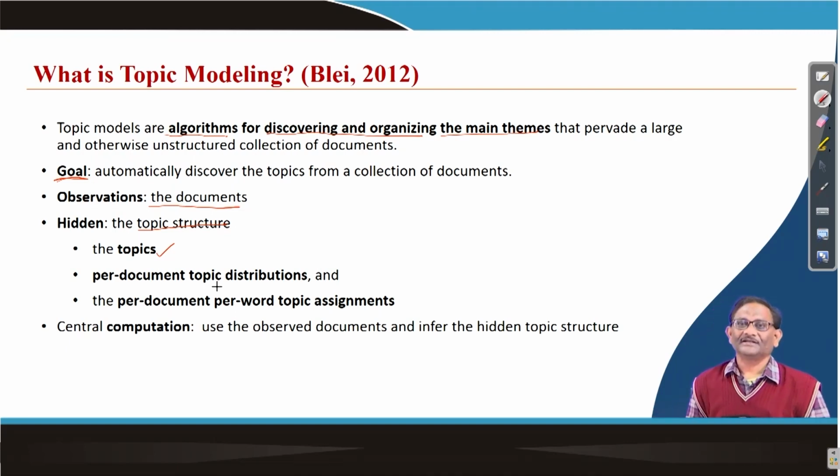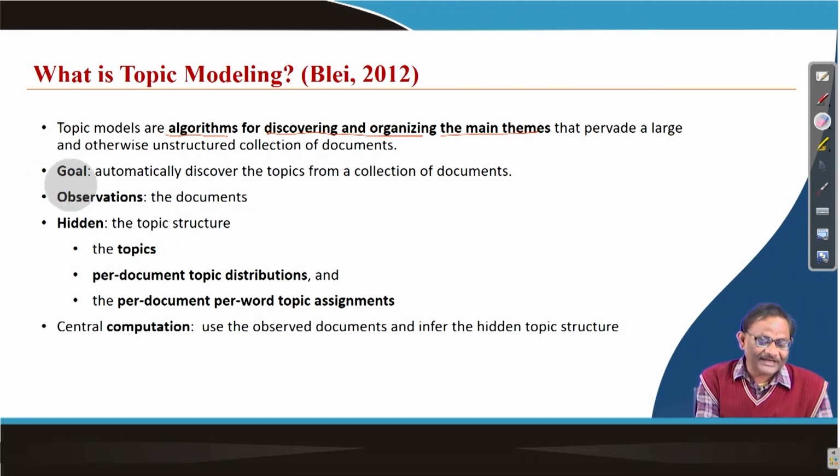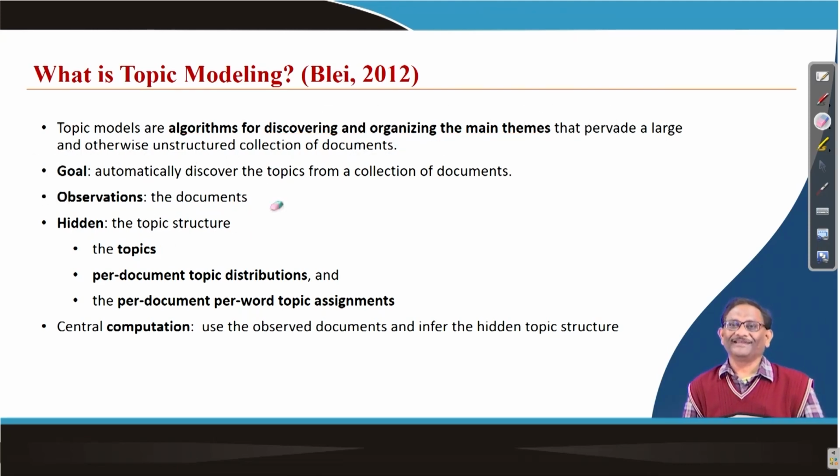We may assume a certain number of topics, but what is the per-document topic distribution? How are the topics generated, how are the documents and words generated, and what is that generative process? It is very interesting, very useful, as well as mathematically rigorous, this topic of topic modeling.